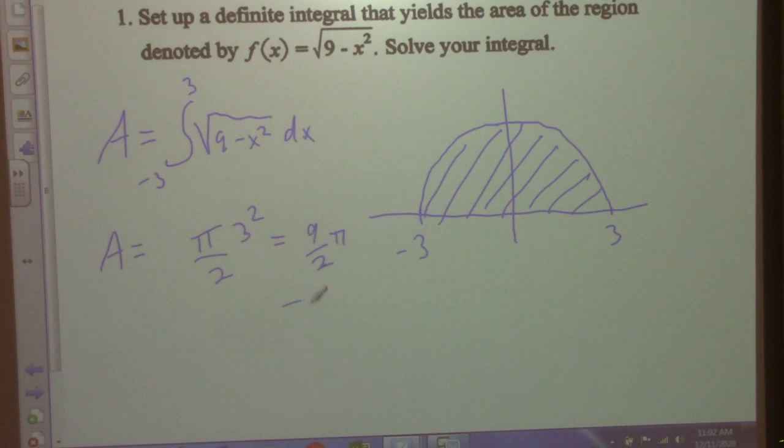So that's going to be our area of that. So that's the integral of that. So you're really talking about areas above and below the x-axis. That's really what you're looking at here and analyzing.